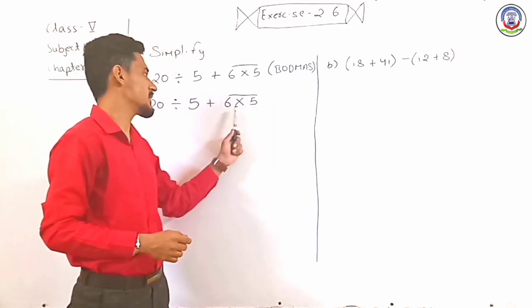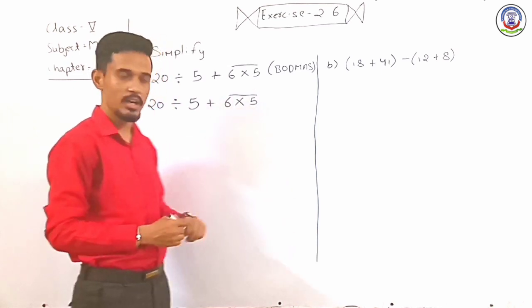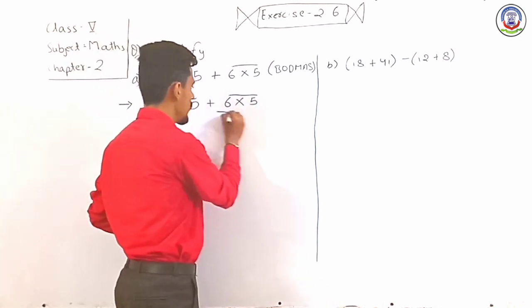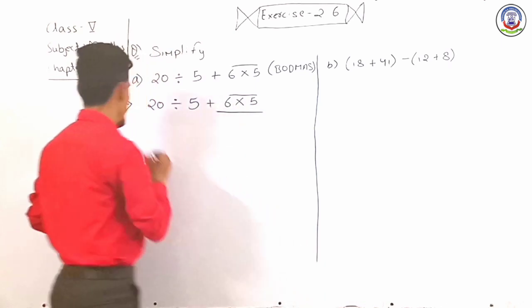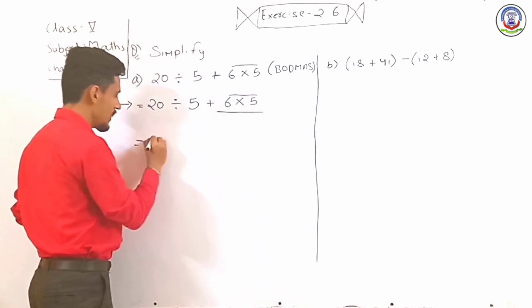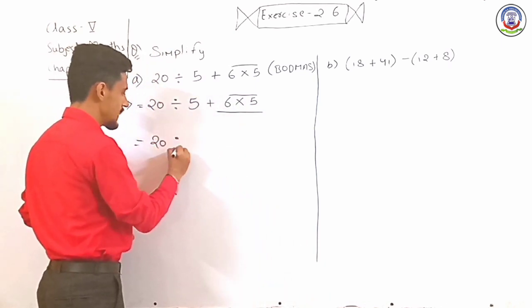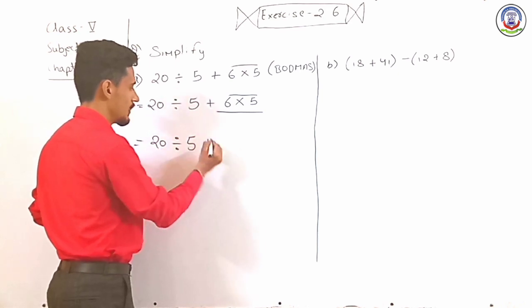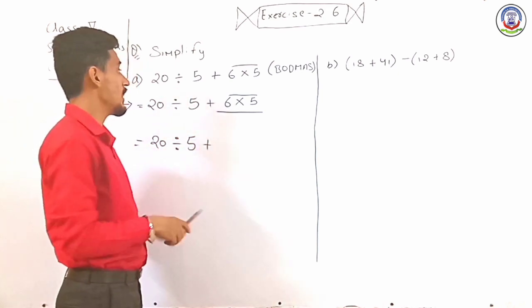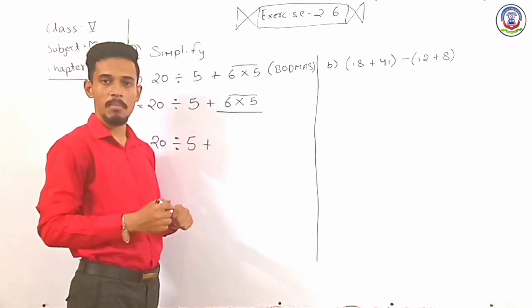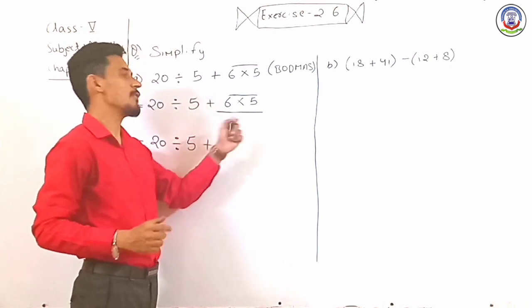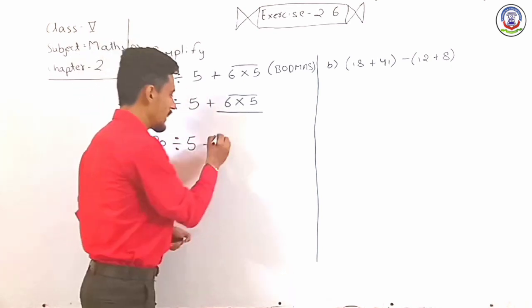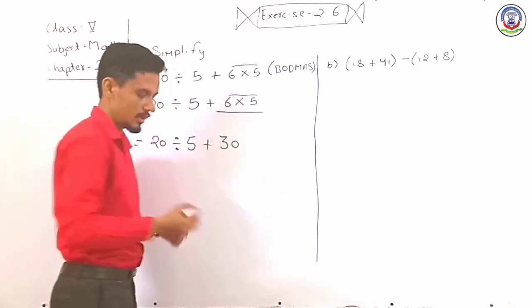Here we have 6 multiply 5 in bracket, and the remaining numbers and signs remain the same. 6 multiply 5 is 30. So we write here 30.